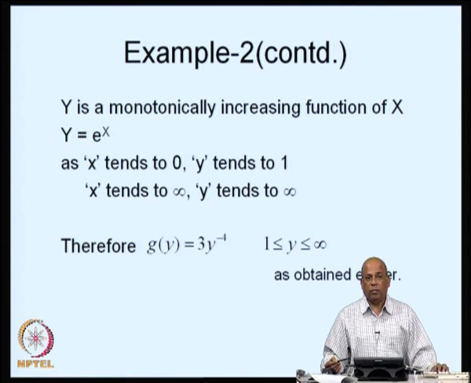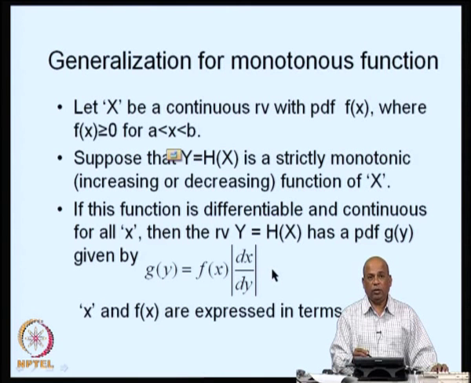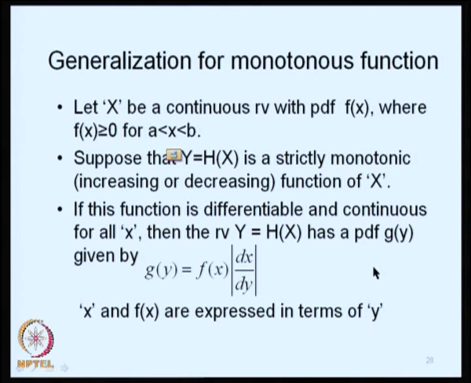We obtain the range for y as h of b less than or equal to y less than or equal to h of a if it is a monotonically decreasing function, and h of a less than or equal to y less than or equal to h of b if it is a monotonically increasing function, where h of a and h of b are obtained from these values of a and b.